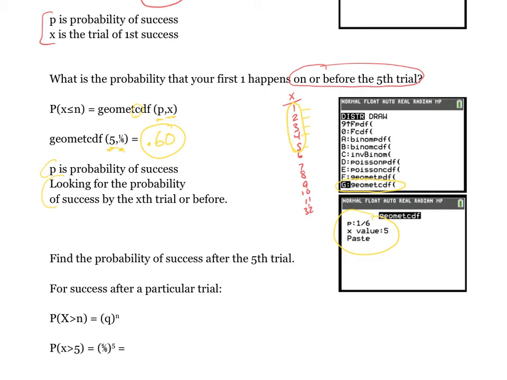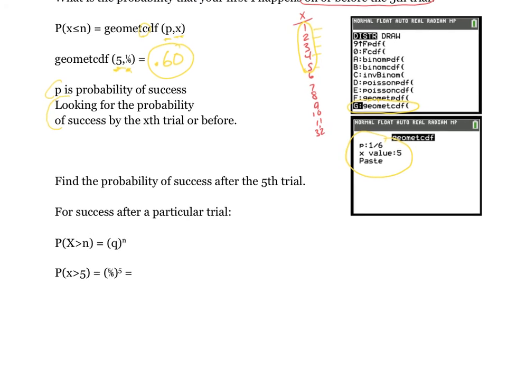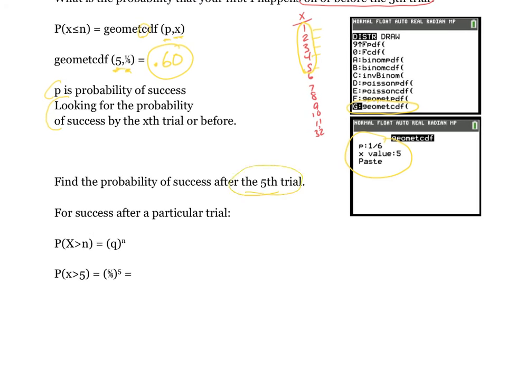All right. Now another kind of fun formula you can look at is trying to find the probability of success after a certain trial. So I could ask for after the fifth. So this is the formula for after a certain trial. This one's not given to you on the AP exam, so I'm just going to show it to you quick. It's just failure to that trial. So on this problem, the chance of not getting a 6 is 5/6. And I want to know what's the chance I get it after the fifth. So I do the 5/6 to the fifth.